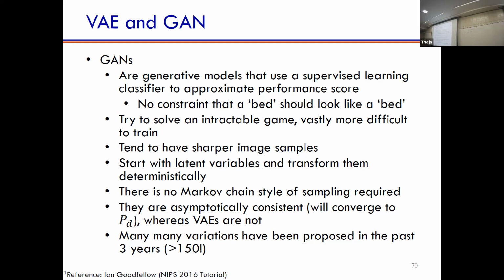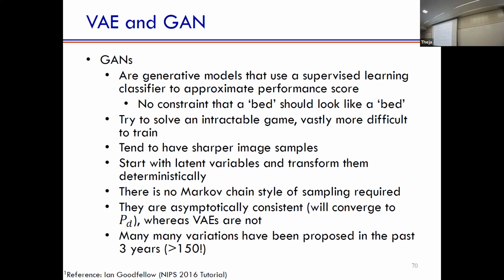Why? Because the generative network and the discriminator network are just highly nonlinear functions. It's unclear whether, by iteratively changing the parameters, you get somewhere interesting, or even get somewhere and stop or not. It's not clear. It tends to have sharper images.